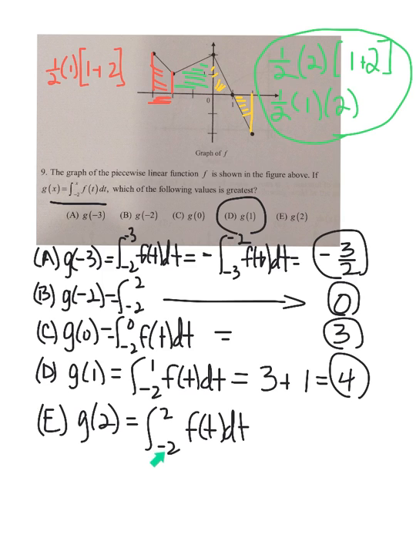When I'm integrating from negative 2 to 2, going all the way over to positive 2, these guys are going to end up being 0. So the integral from negative 2 to positive 2 is really just this trapezoid, and that is the answer to choice C, which was 3. I'm just trying to avoid having to do all of the work because I'm lazy. So now you can see that choice D is your answer, 4. The answer is choice C.